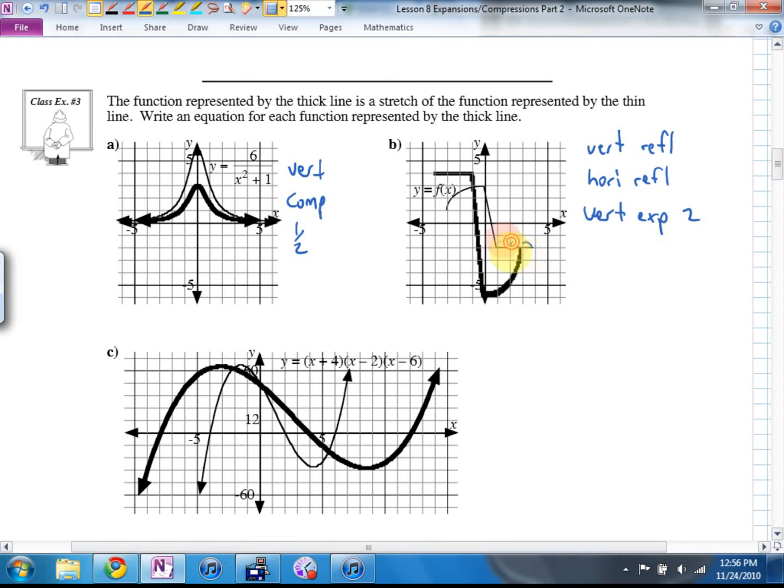How wide is the new graph? 1, 2, 3, 4, 5, 6, 7. You know what? They didn't do anything horizontally for a stretch. By the way, what substitution would that be for a vertical reflection? Replace y with negative y, x with negative x, and the negative y will also have a 1/2 in there. Everything's backwards. Okay? Turn the page.